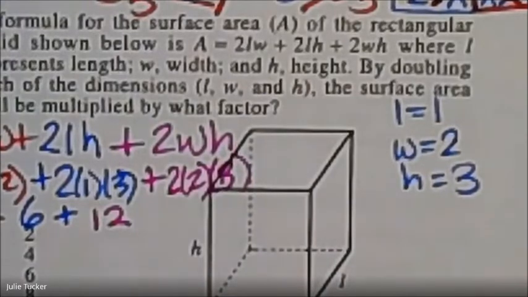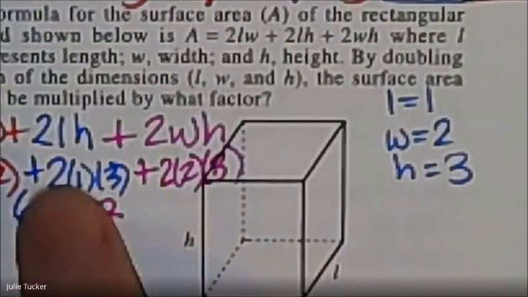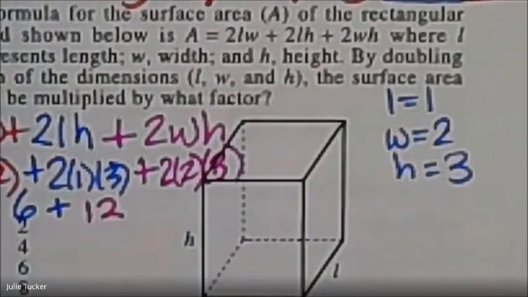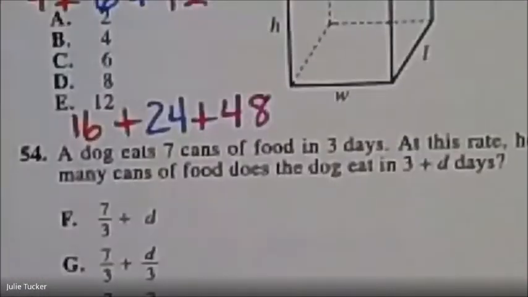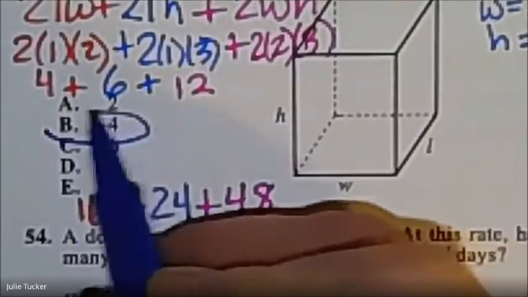So that'll be 8 times 6, and that'll be 48. So since every single one of them is 4 times bigger, you end up with a total that's 4 times more. So it's multiplied times 4.